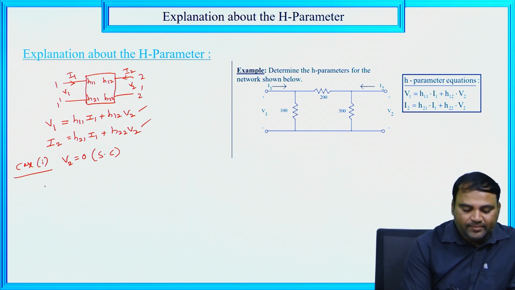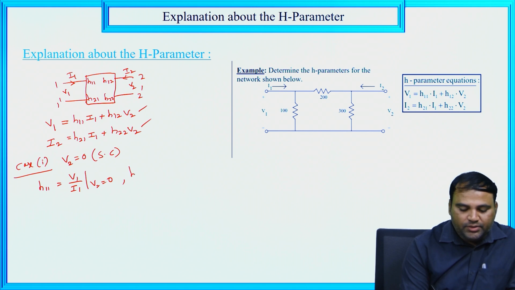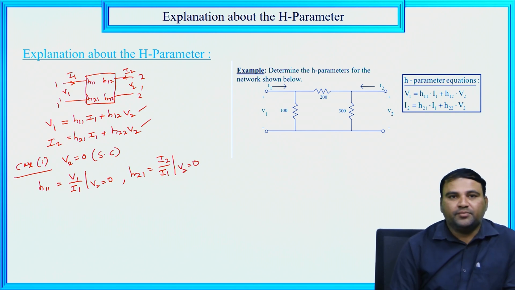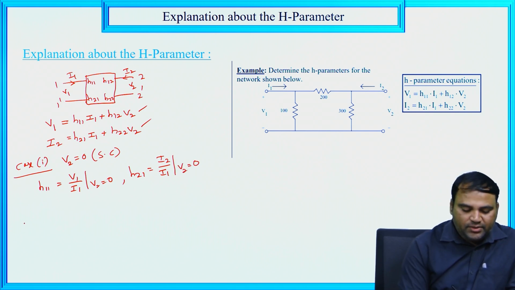So we get H11 equal to V1 by I1 when V2 equals 0, and H21 equal to I2 by I1 when V2 equals 0. That is case 1.